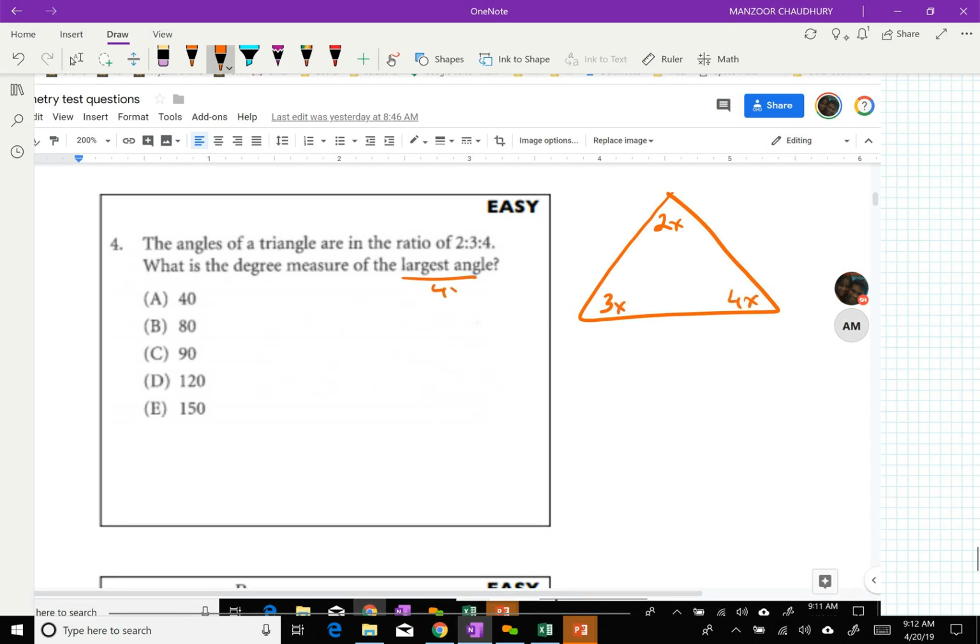The 4x is the largest angle. Total has to be 180. Oh, I did this wrong. Add them all up. 9x. X must be 20. 4x must be 80. Oh, okay, sorry. Right? Yep.